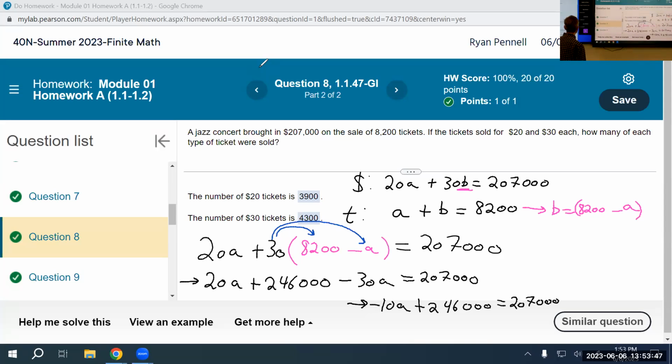Trying to solve for A is what I'm doing. So I want to subtract 246 from both sides. Okay, I think that's 39.